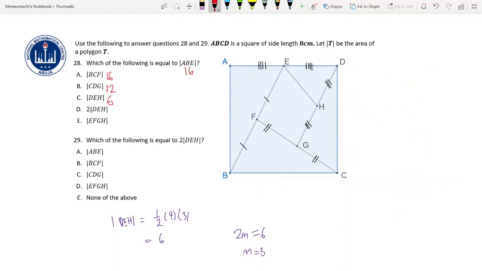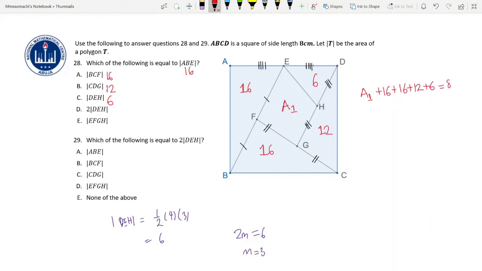So let's fix 16, 16, 12, and 6. And let's call this area A1. So A1 plus 16 plus 16 plus 12 plus 6 equals the area of the square, which is S squared.